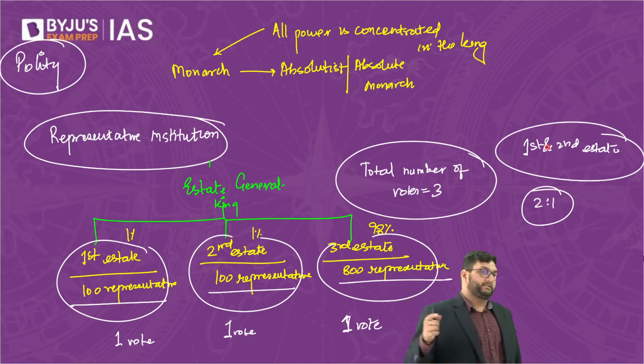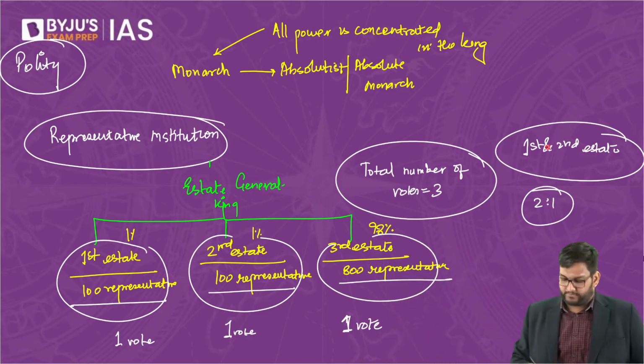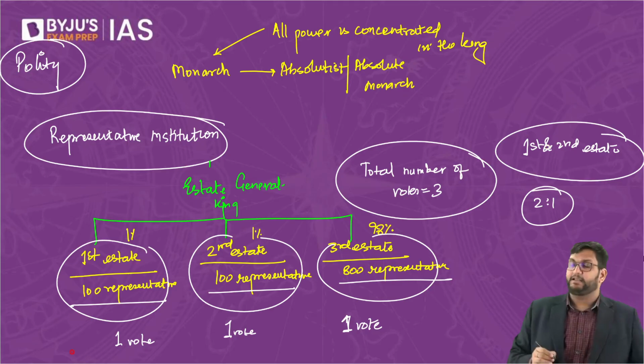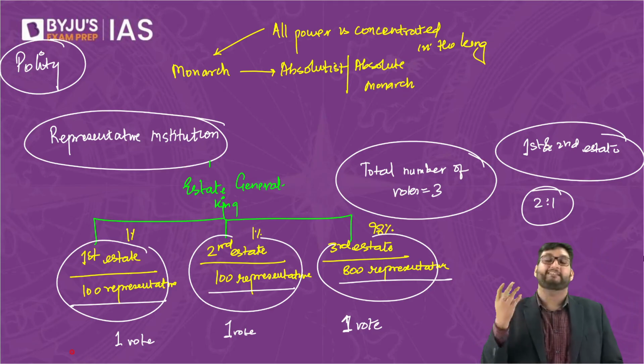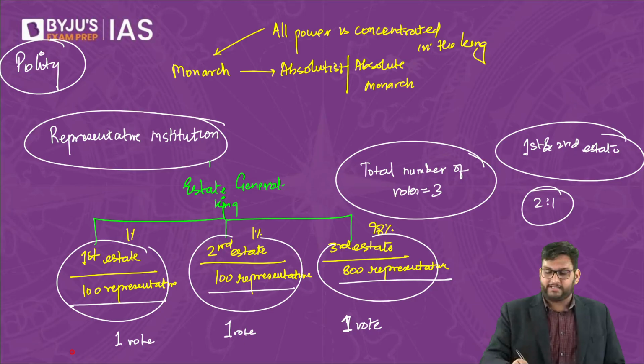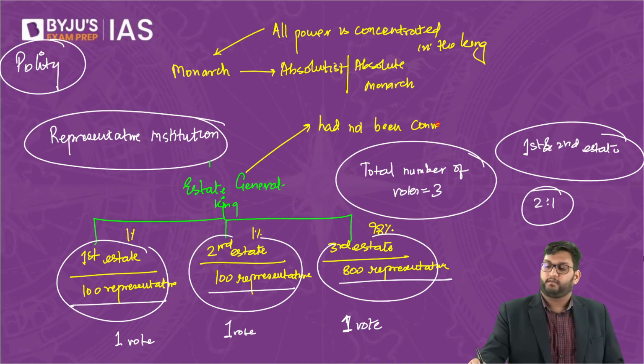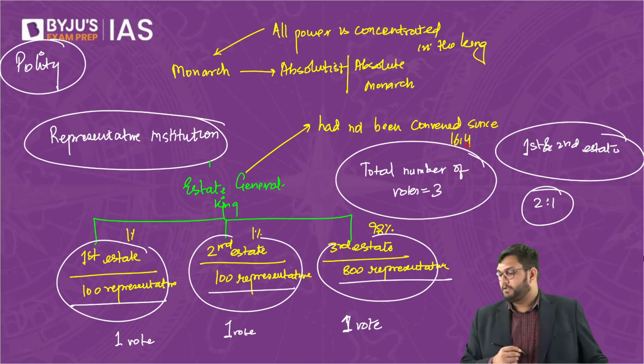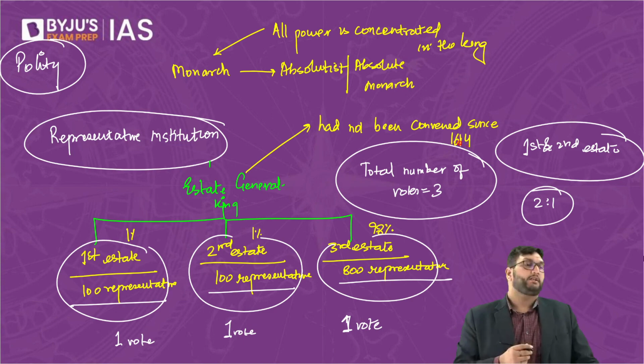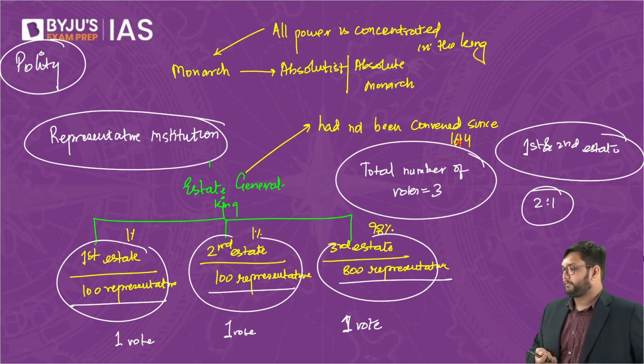So very simply, the Estates General is a politically discriminatory model. And more than that, the Estates General had not been convened since 1614. Since 1614, it had never convened itself.